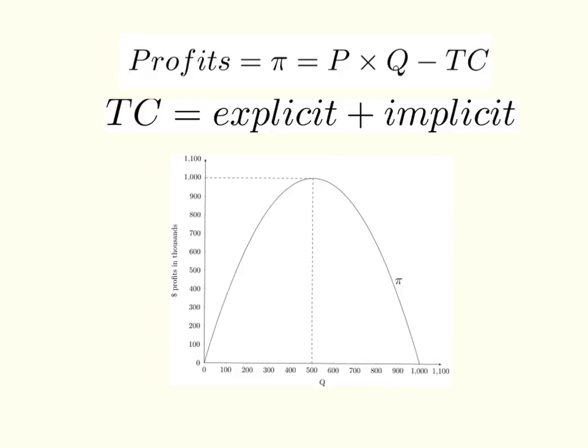Now, it is important, and we have discussed this previously, for us to remember that in economics, we're always thinking about both explicit as well as implicit costs. Explicit costs being your labor, your input cost, all the things that explicitly cost you money to run your business. And then there are also all these implicit costs. So implicit costs are the opportunity cost associated with the production of whatever good you're choosing.